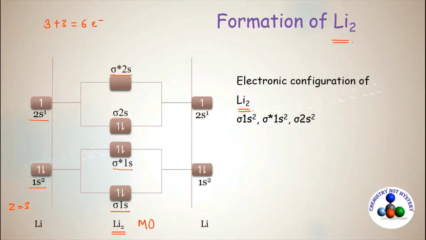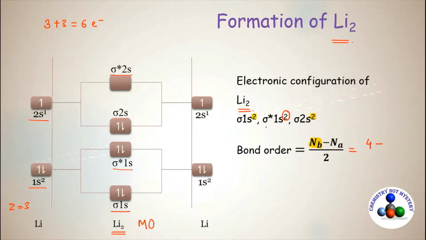Now calculate the bond order for the Li2 molecule. We have the formula (Nb minus Na) over 2. First calculate the electrons present in bonding molecular orbitals. There are 2 electrons in sigma 1s bonding and 2 electrons in sigma 2s bonding molecular orbital, so you will get 4 electrons in bonding molecular orbitals, minus how many electrons are present in antibonding?